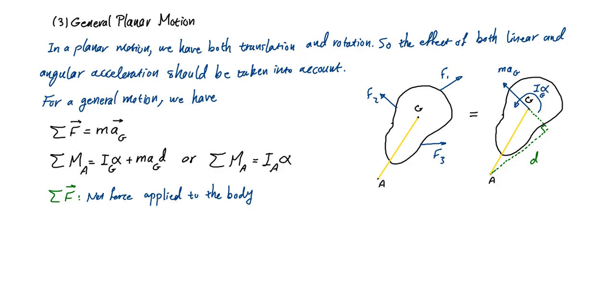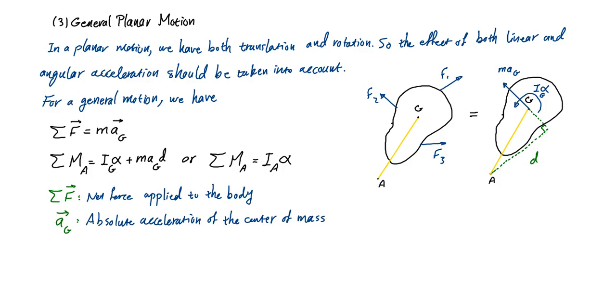I'm not going to write it here, but a_G, what is that? That is the absolute acceleration of the center of mass. Let me write it this way: absolute acceleration of the center of mass or center of gravity.